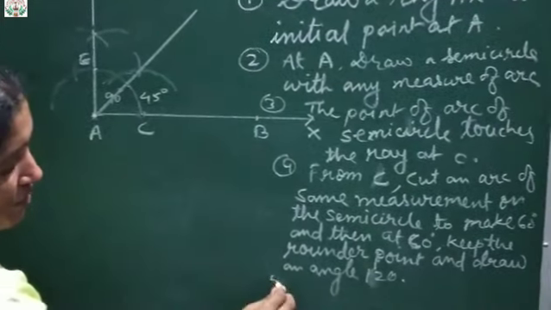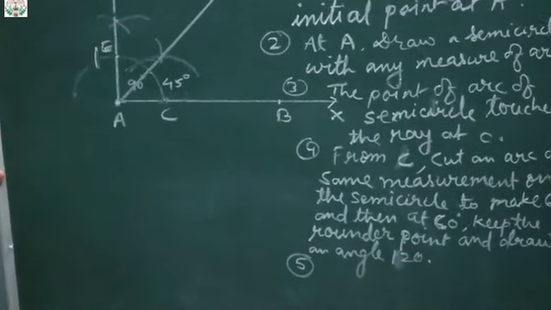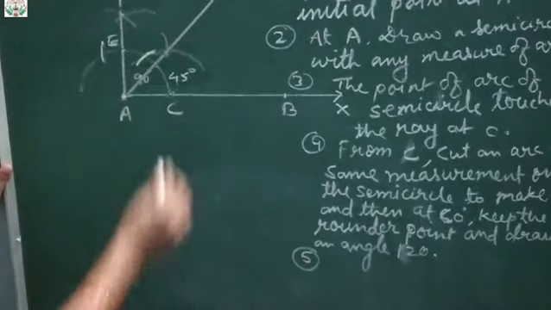Okay, then fifth one, this is 120, this line is what, 120, and this line is 60.